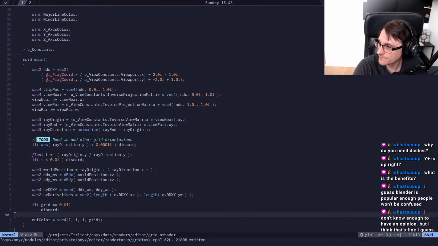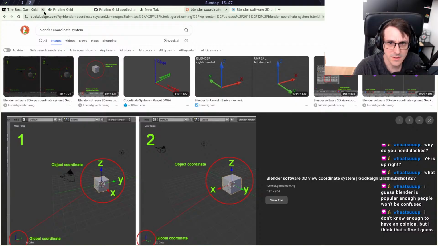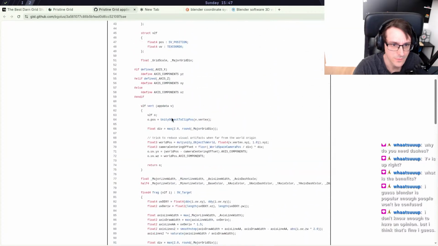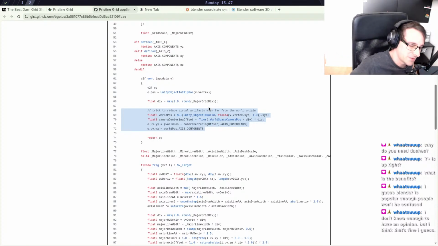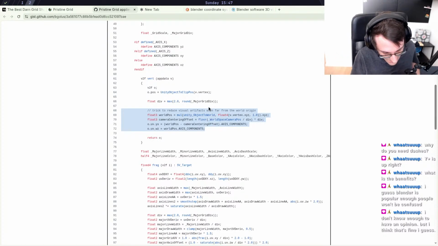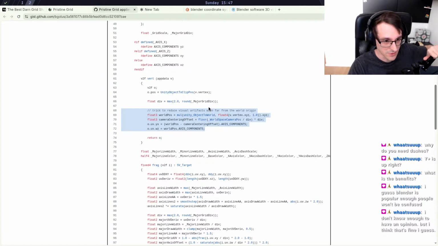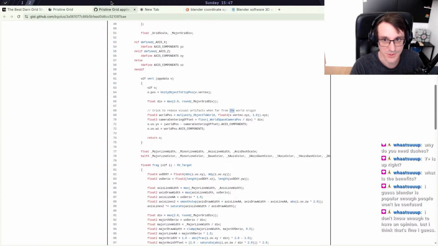Oh, there's one more thing that he does here, which is some camera centering offset. We need to do the same. It's basically that the grid is always centered, like with the UVs around the camera, to avoid some floating point precision issues.